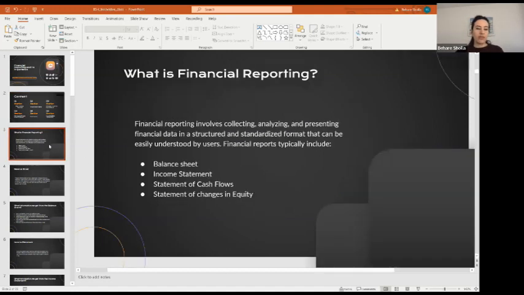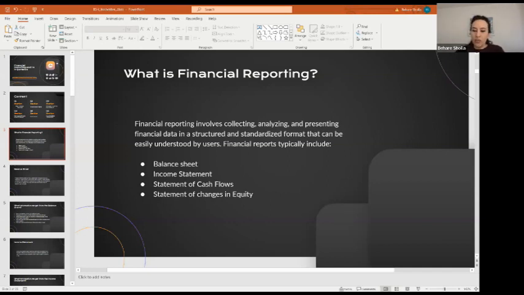Okay, so let's start with financial reporting. Here we have the basic financial reports that are mostly used, and a definition of what financial reporting is. As you can see, financial reporting involves collecting, analyzing, and presenting financial data in a structured and standardized format.